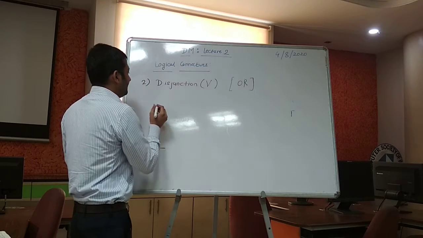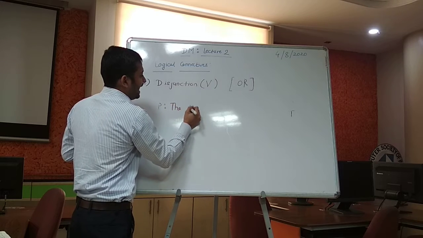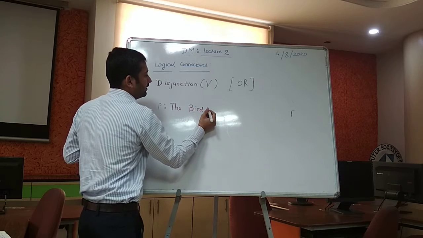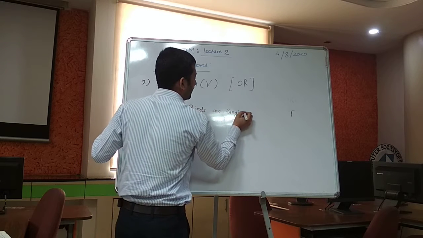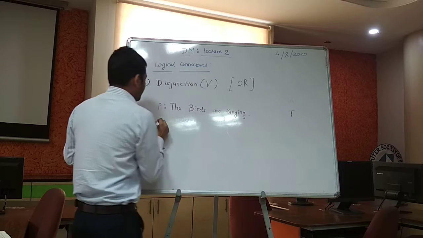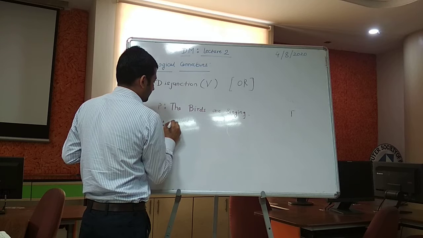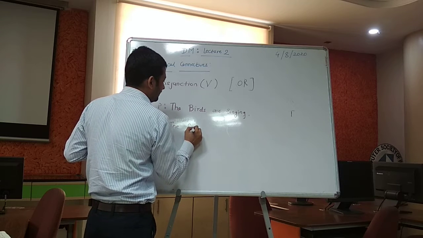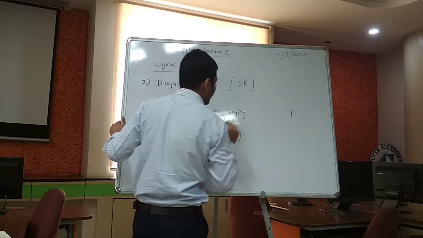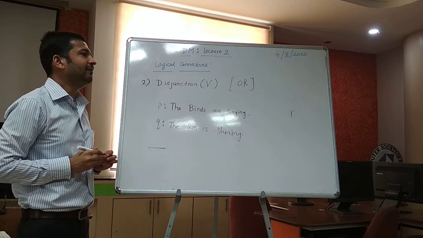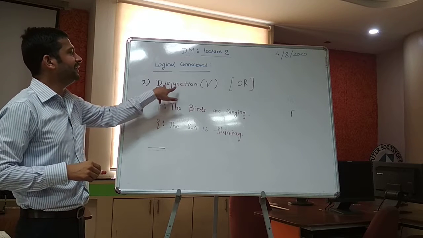Suppose we will take another example. P statement: the birds are singing. And Q statement: the sun is shining. We have considered those two English statements and we will connect them by using the or logical connective, or by using disjunction.